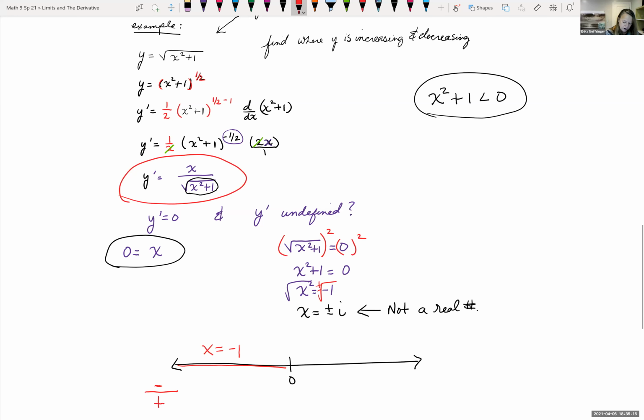So negative over a positive, that's a negative number. And so I know then it's decreasing from negative infinity to 0.